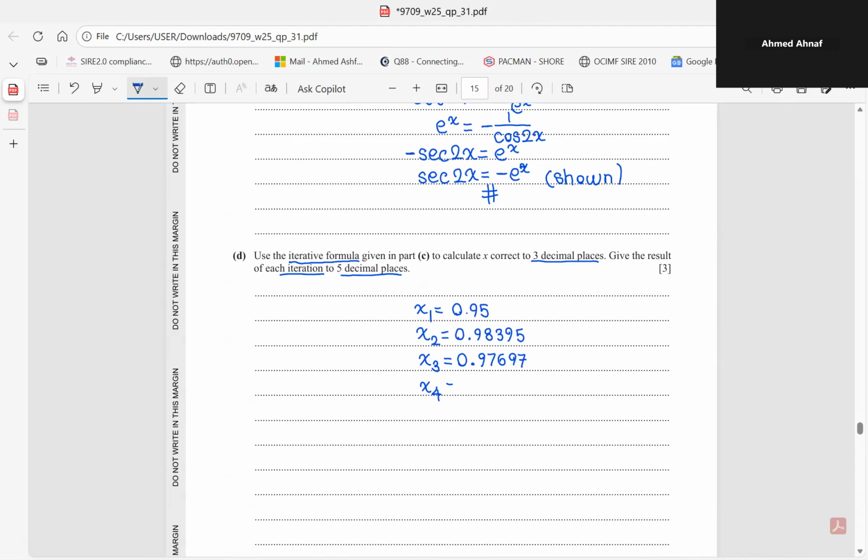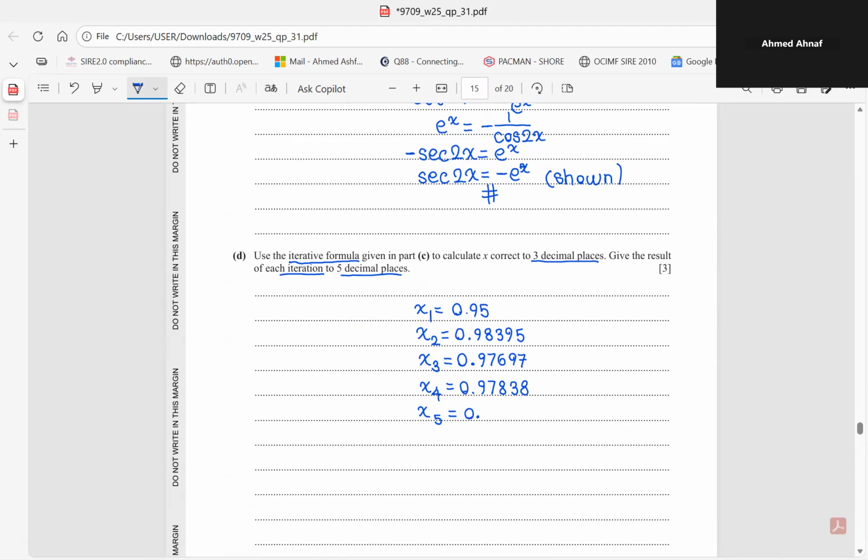So x4, you get 0.97838. Yeah, it's starting to hover around 0.97, but it's not the same. So I'm just gonna keep continuing.